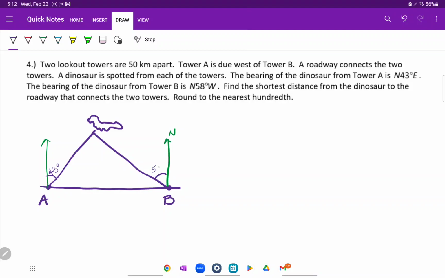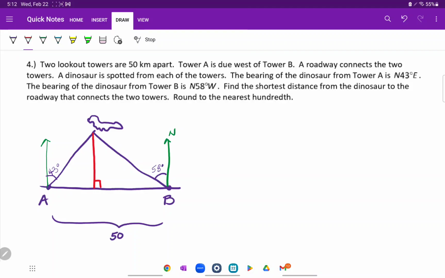So that angle there is 58 degrees. We want to find the shortest distance from the dinosaur to the roadway that connects the 2 towers. So we're looking for this distance right here. And that is going to form a 90-degree angle there, that shortest distance. And we also know this total distance is 50.